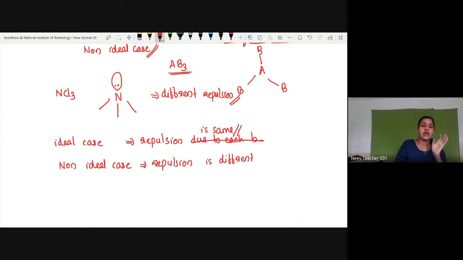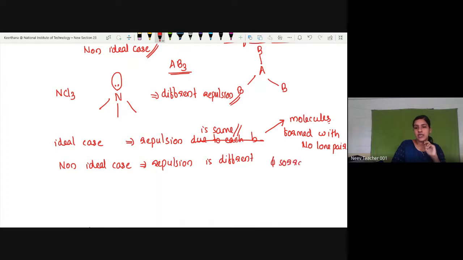Normally the ideal case is the case in which molecules form with no lone pair, and the surrounding atoms will be the same.